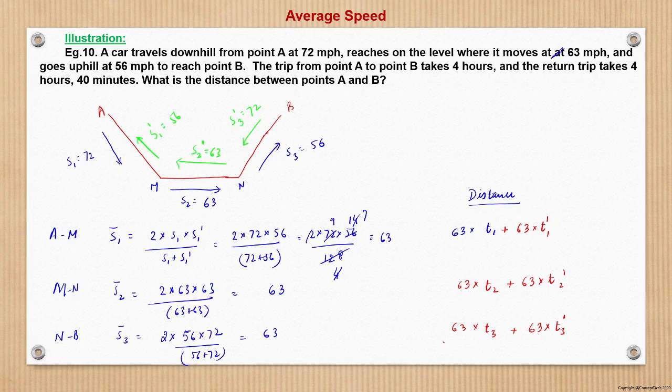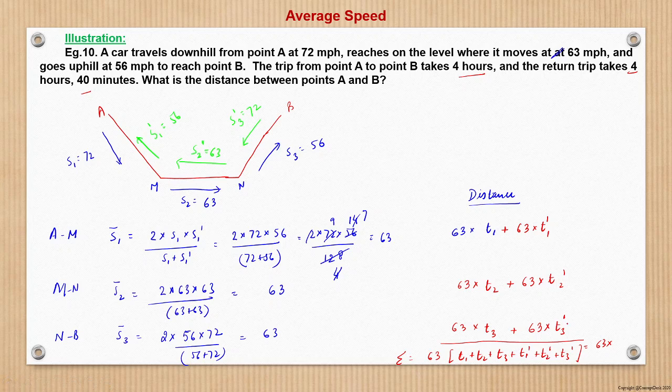So now when we sum it up, the total distance would be summation 63 into T1 plus T2 plus T3 plus T1 dash plus T2 dash plus T3 dash, and this is given as 63 into the sum of total time, that is 4 hours plus 4 hours and 40 minutes.